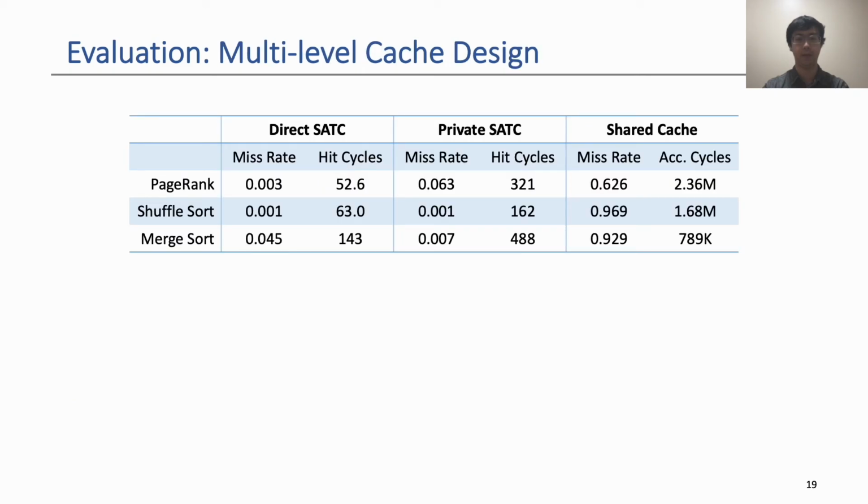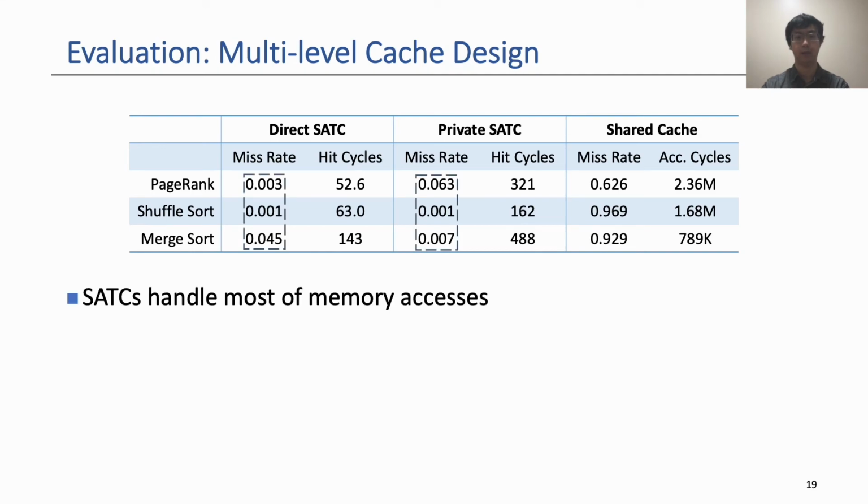Next, we examine the design of multi-level cache by measuring the miss rate and hit cycles for TriCache when out of core. As you can see, SATC handles most of memory access.